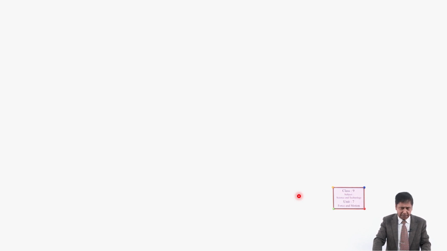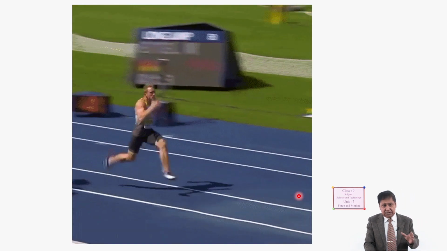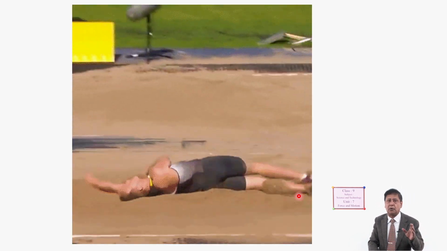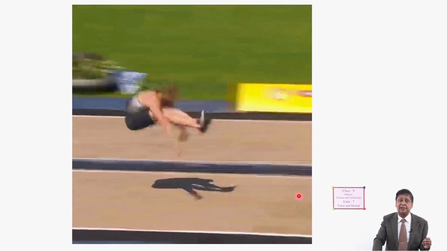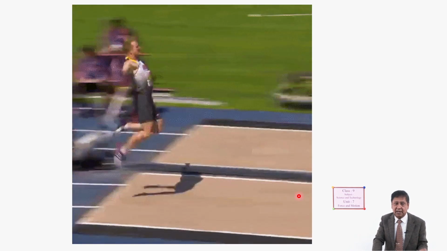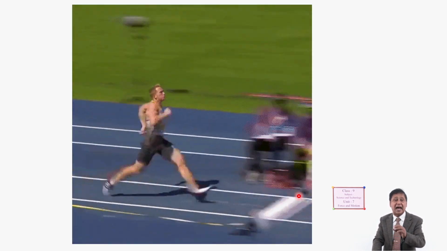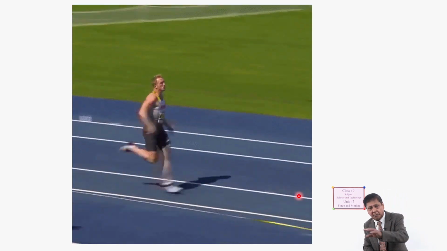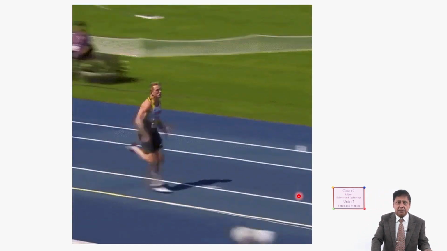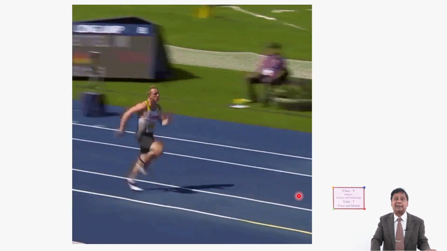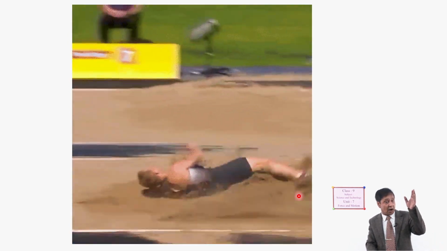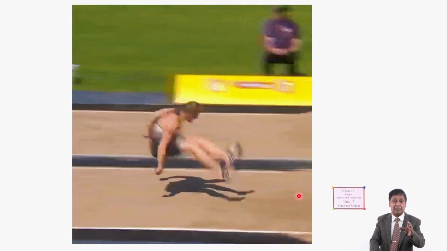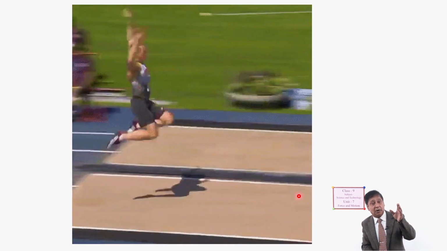Look at this video. An athlete taking part in long jump runs for a few seconds, and then only he jumps. What is happening here? When he applies force just before the jump, that force makes him jump a little distance, but if he runs for a while previously, the body comes into inertia of motion, and this inertia of motion will be added at the time of the jump, when he applies force on the ground to take the jump.